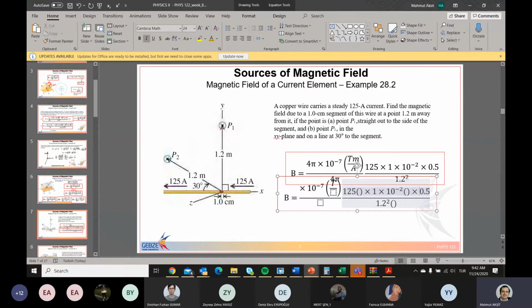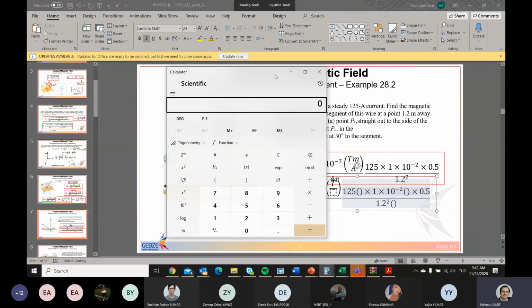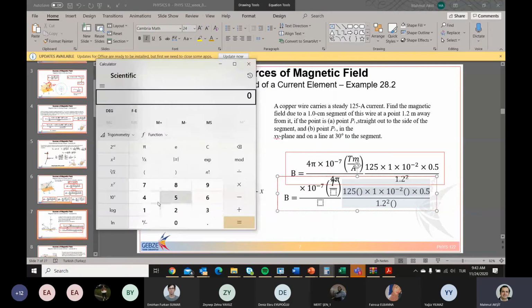So what you have is, now let's calculate that. 125 multiplied by 0.5 divided by 1.2 divided by 1.2.